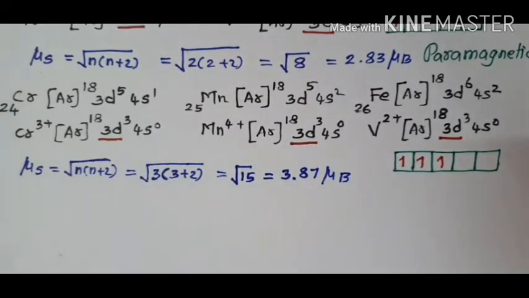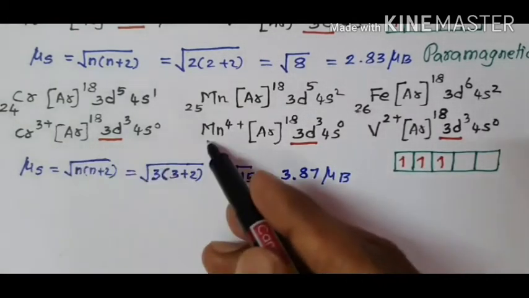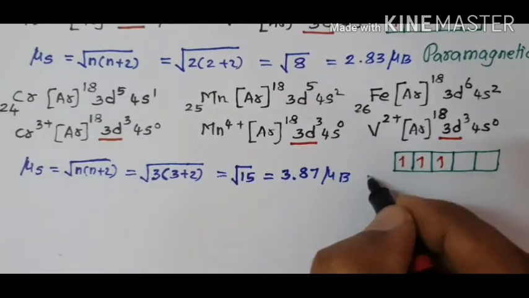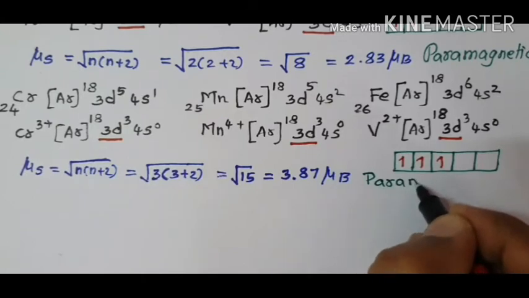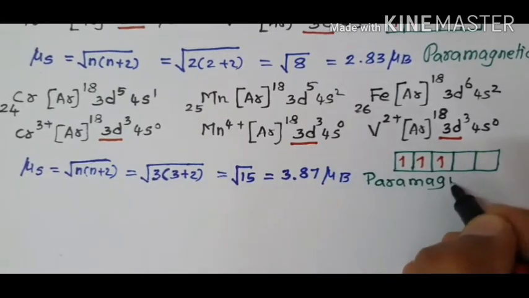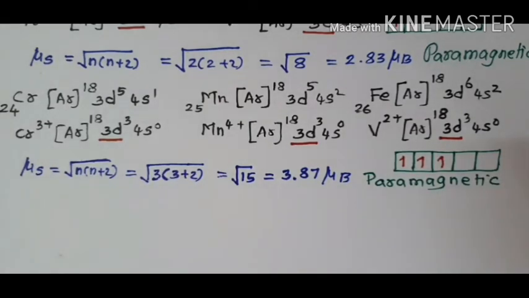Due to the presence of unpaired electrons, chromium 3 plus, Mn 4 plus, and vanadium 2 plus are all paramagnetic in nature.